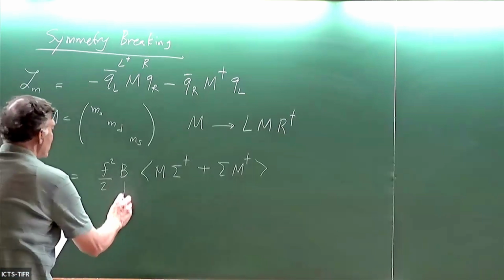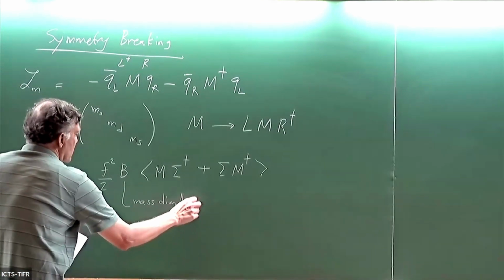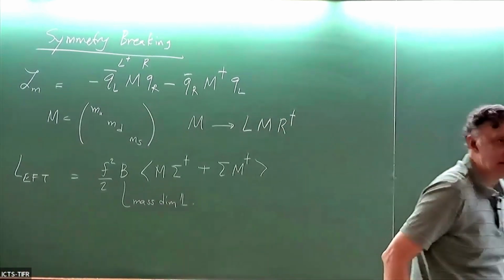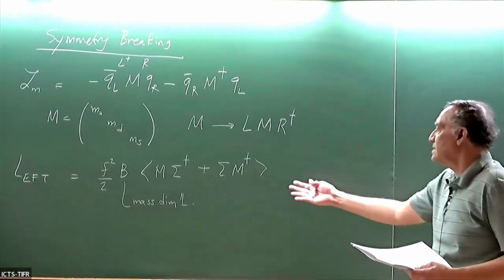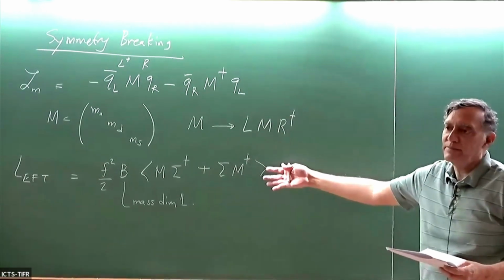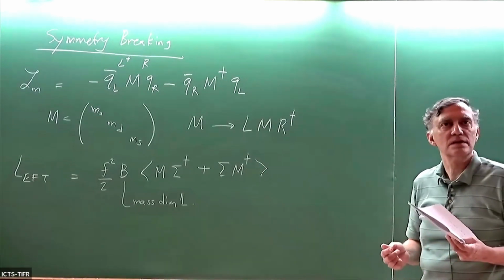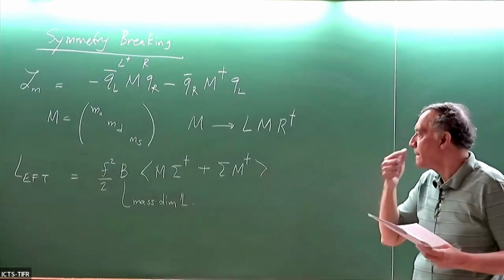So B has mass dimension 1. We don't know what it is. And so that's the leading order correction, the first order in M correction in the chiral Lagrangian. Is this clear?